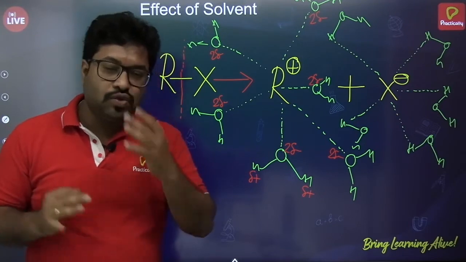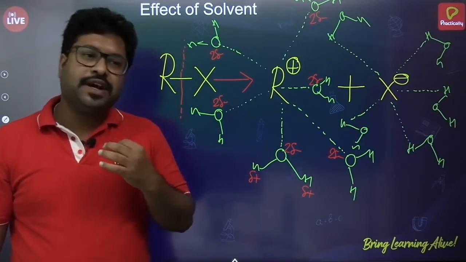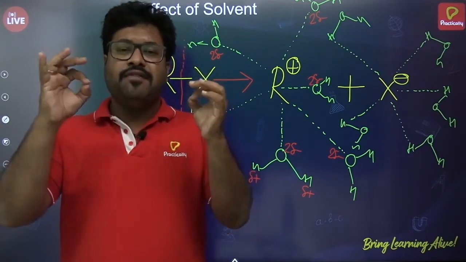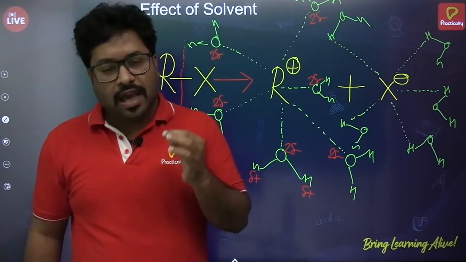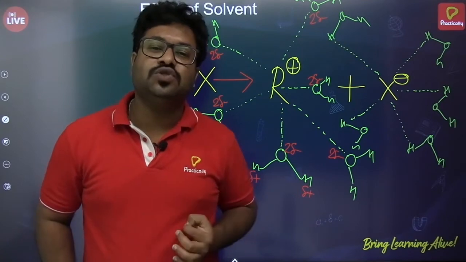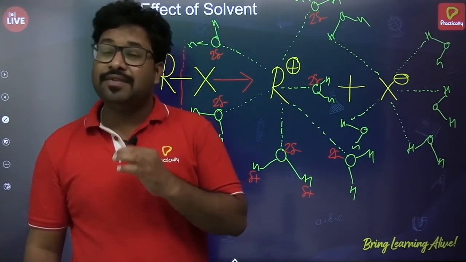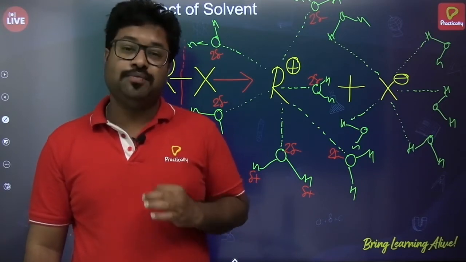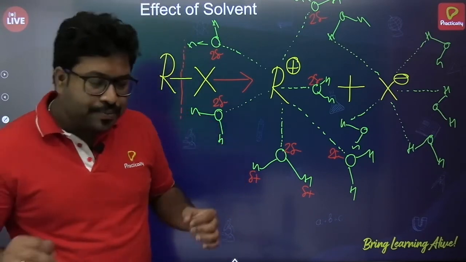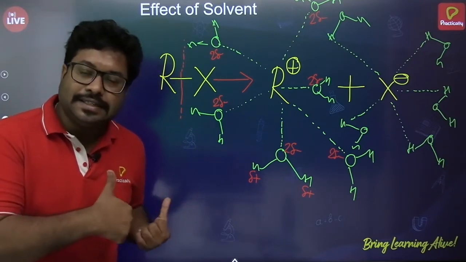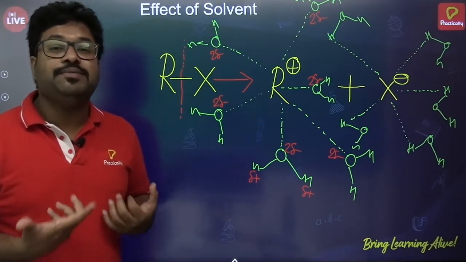And the neutral species, whenever we are talking about this stability thing, you need to understand that everything in the universe, if it's neutral, it is more stable. If it has any kind of charge, it will be less stable. But the question here is why the system is making a charge.